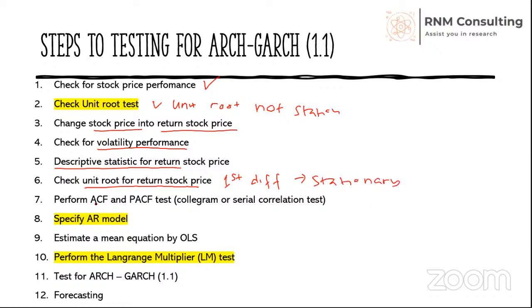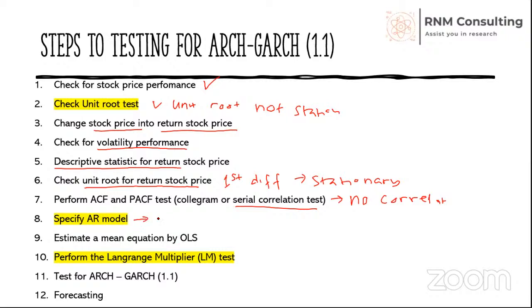After that, we perform ACF and PACF, or partial correlation, to test for serial correlation. A good ARCH or GARCH model has no correlation, because correlation is a relation between the residuals, which would disturb the data.